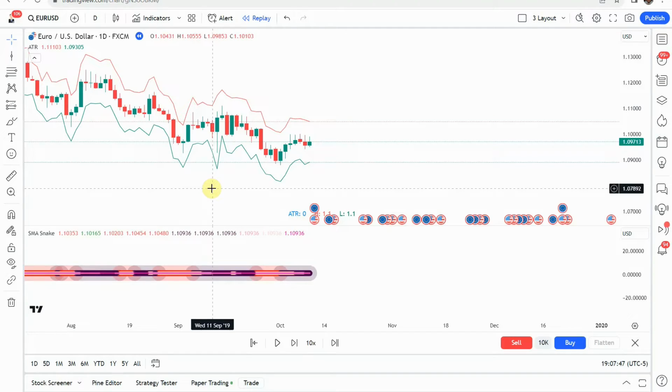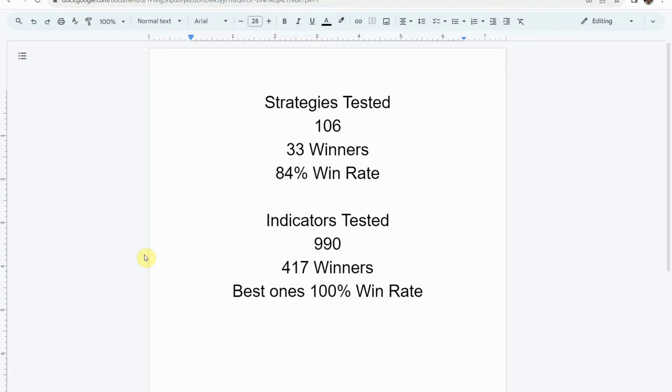Alright, as I said, today we are testing the snake trend indicator. Before we do though, I wanted to put the testing scoreboard up for everyone to see. So to date, we have tested a total of 106 different strategies, with 33 of them being winners. The best ones so far were able to achieve an 84% win rate. That is the Academy of Forex indicator with the Z-Store probability indicator.